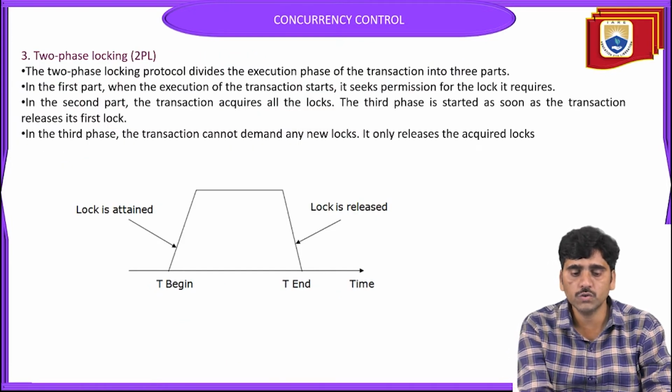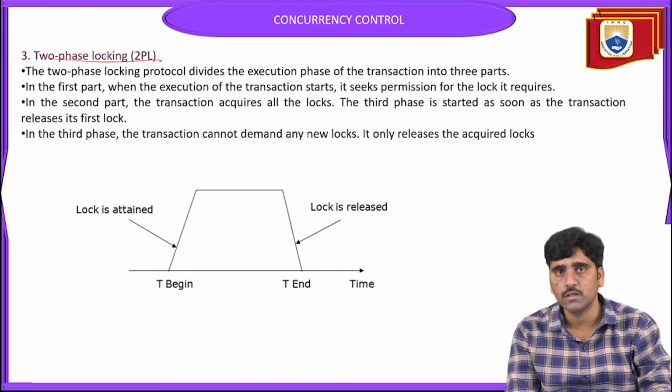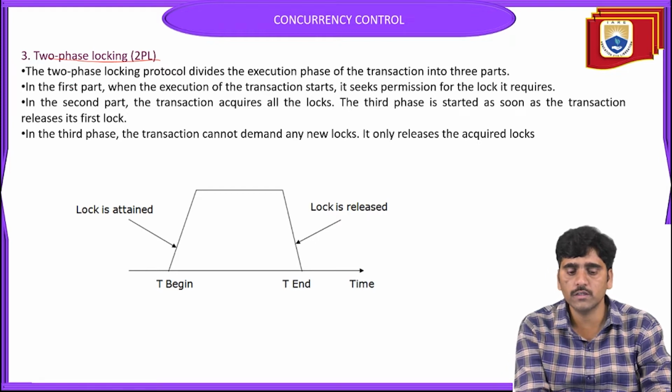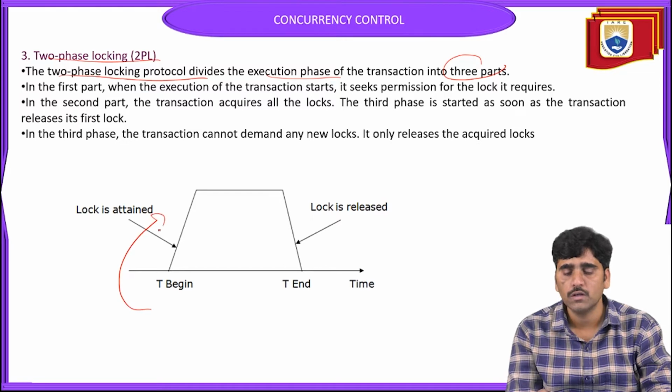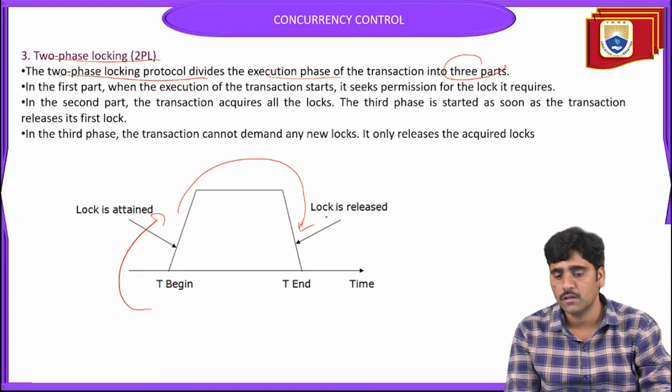And the next one, two-phase locking protocol. Here the two-phase locking protocol divides the execution phase of the transaction into three parts actually. One is from the transaction beginning to the lock being attained, the second is from the lock being attained to the execution of the transaction, and the third is from finishing the transaction to the lock being released. So there are three phases.